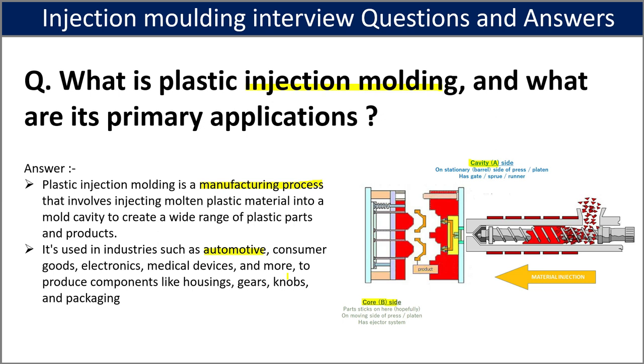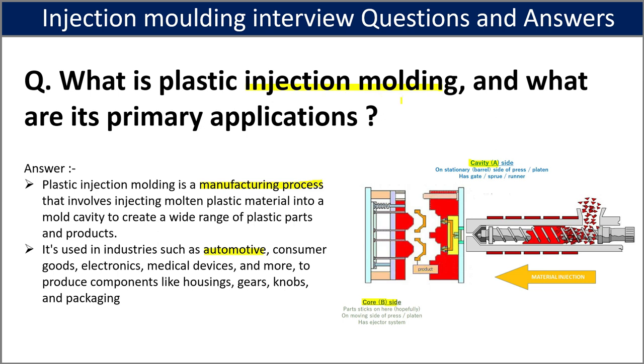You can find injection molded products in all industries, like housings, plastic gears, knobs, and packaging of different products. We are surrounded by a number of plastic components, and most of them are produced by the injection molding process.